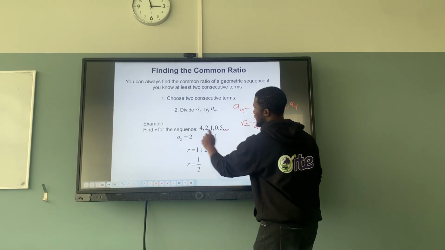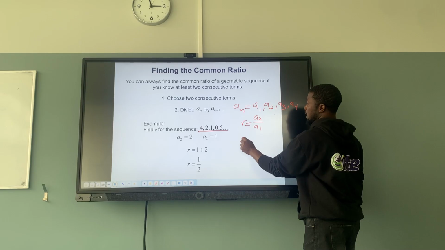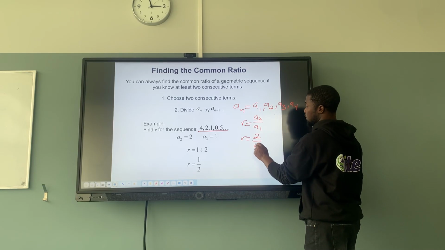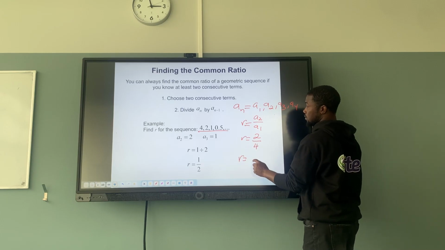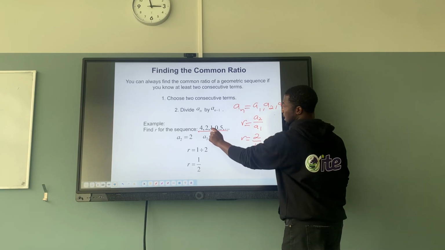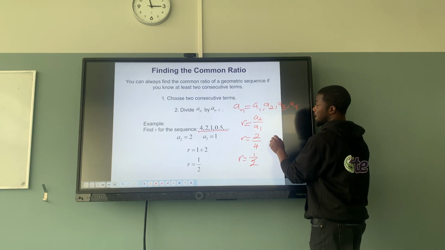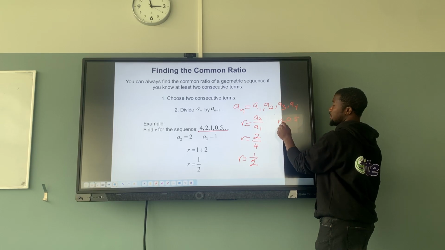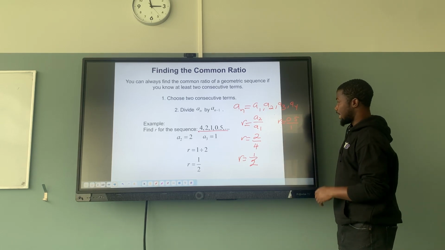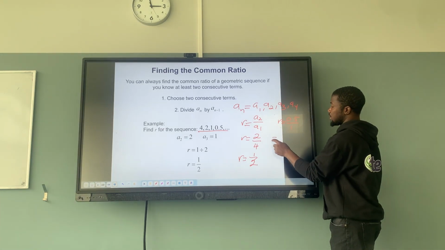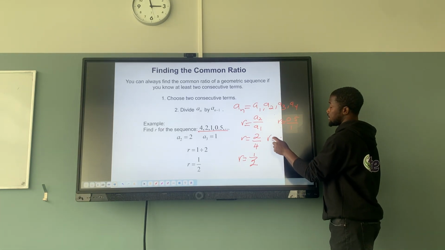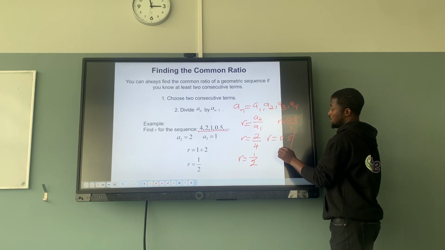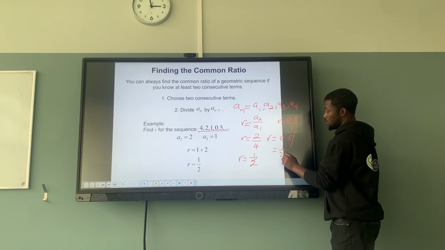In this case, R will be equal to the second term, which is 2, over the first term, which is 4. Or R will be equal to 1 over 2, the third term over the second term. Or R will be equal to 0.5 over 1. Any of these will give you R as 0.5, or 1 over 2.